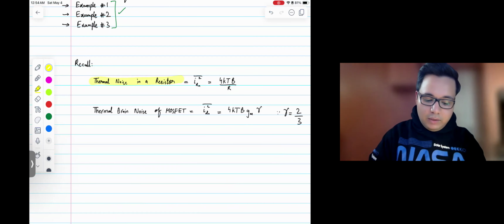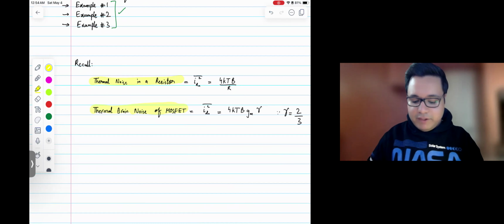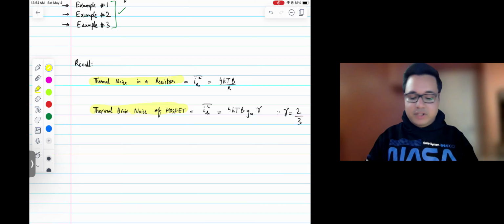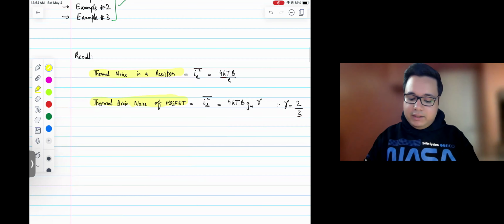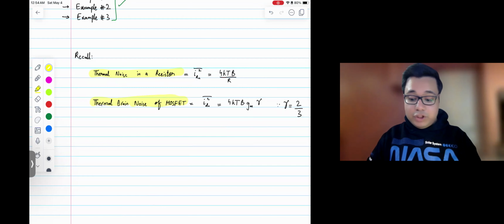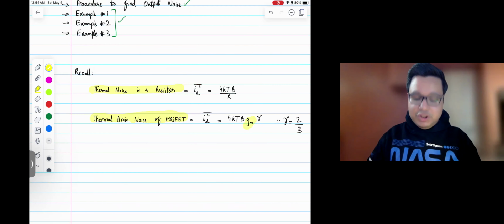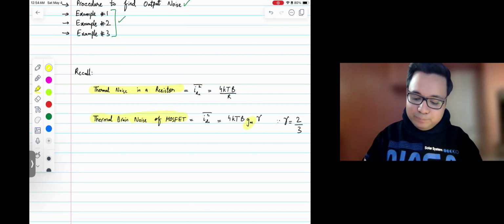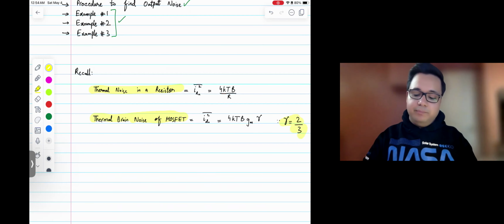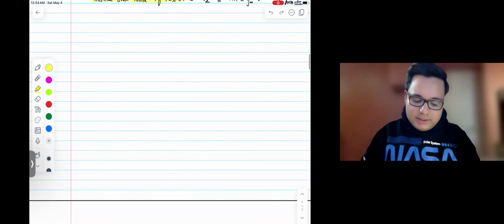And then also the thermal drain noise of a MOSFET is I_DN squared, I_DN mean squared. That's how I represent it in this video. And it's equal to 4kTB g_m gamma. And which g_m? This is g_m of the transistor, okay? And gamma is just a constant, which is 2/3. All right, so let's get started.